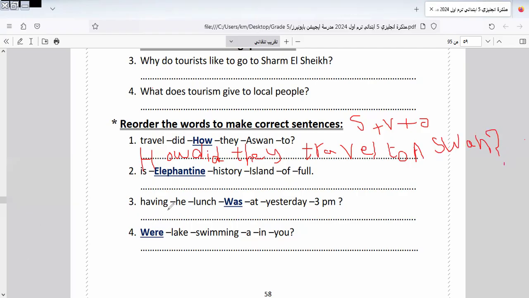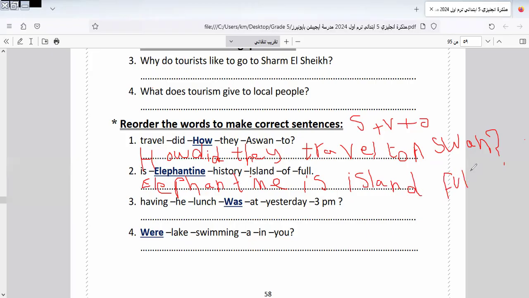Let's go to another one here. Elephantine is history island full. So the answer will be Elephantine is an island full of history.